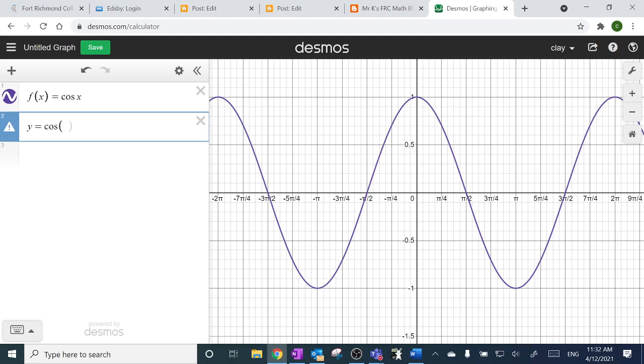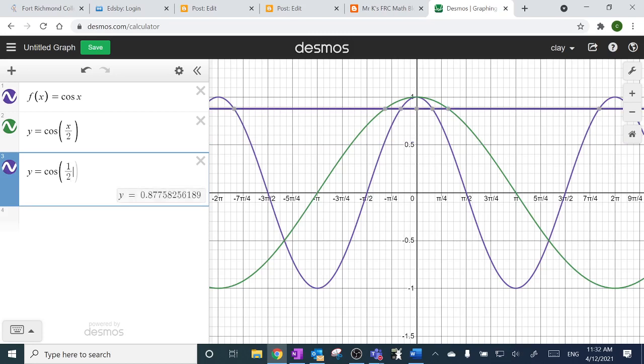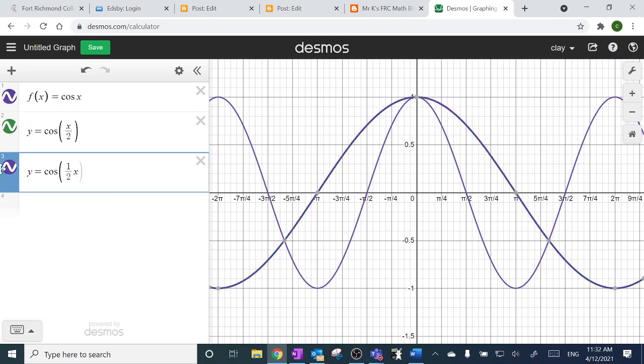Cosine of x divided by 2. Or you could type it the way that we thought about it, cosine of, open a bracket, 1/2 x. Notice that it's green, it's purple, it's green, it's purple.